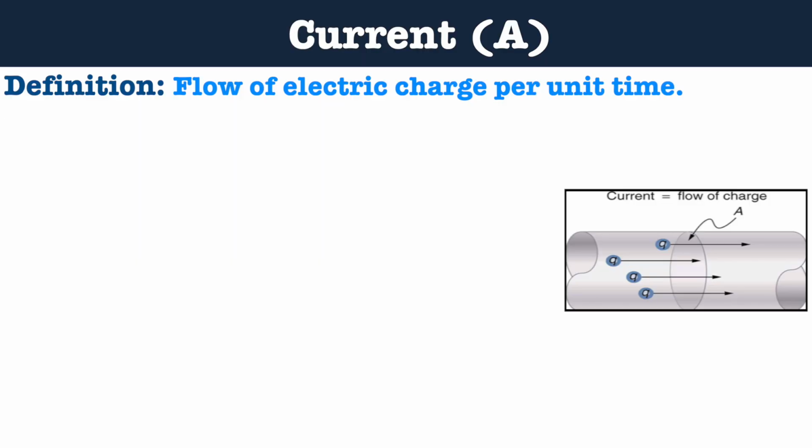In simpler terms, current is like the flow or stream of electric charge moving through a circuit in response to a voltage. Current is measured in amperes. Amperes measure the rate of flow of electric charge. So you can say 1 ampere is equal to 1 coulomb of charge passing a point per second.